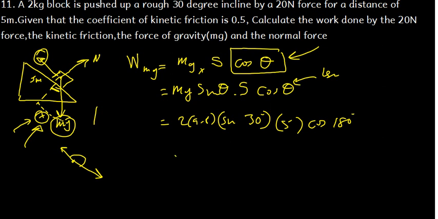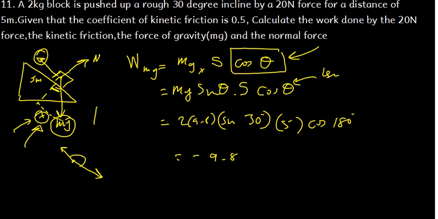So what I'm finding is negative 9.8. Let me just redo that on the calculator to reconfirm. So we are saying 2 multiplied by 9.8, then multiplied by sin 30, then multiplied by 5, multiplied by cos 180.